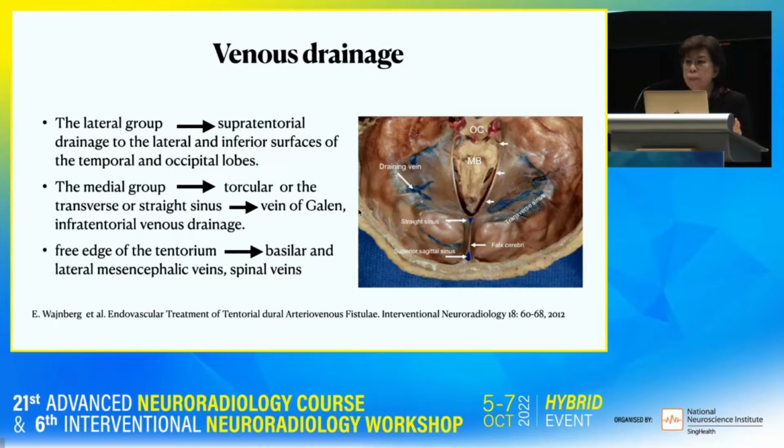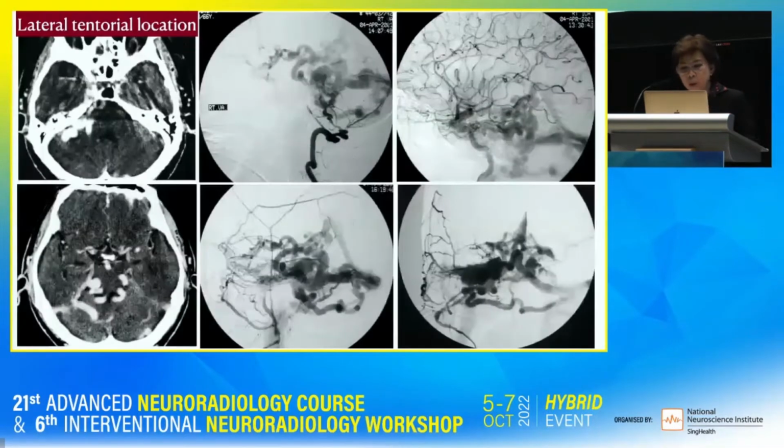The medial group usually occurs around the straight sinus, torcular or vein of Galen, and definitely will have reflux into the vein of Galen, the deep veins, and also reflux into the infratentorial venous drainage. And the third can occur around the free edge, where the vein refluxes into the basilar or lateral mesencephalic vein or even spinal veins. This is an example of a lateral tentorial location here.